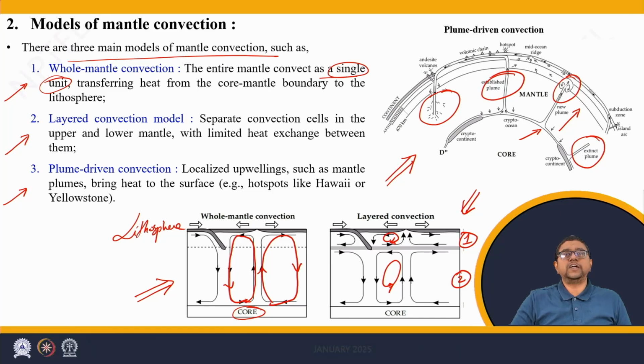Now, the plume-driven convection model also has the downwellings or movement of cold, denser material from top to bottom. This is occurring through subduction slabs. These are subduction regions.